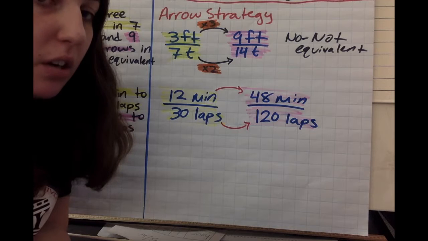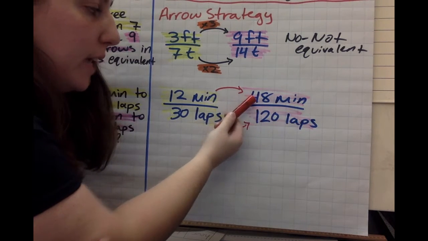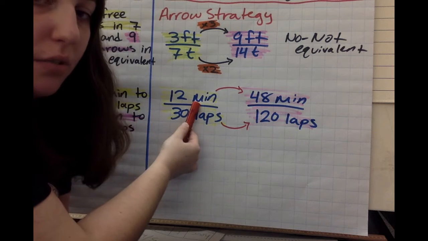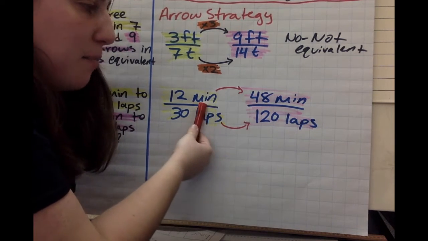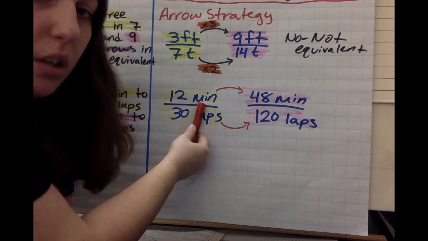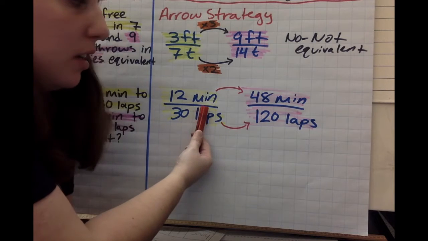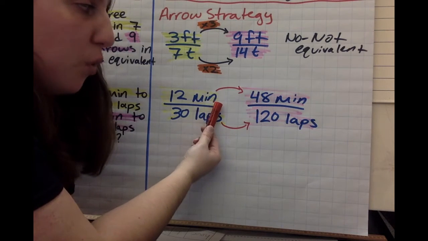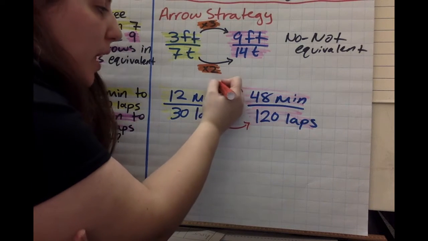In my calculator, I would go the reverse way and do 48 divided by 12. If you do 48 divided by 12, you will get 4. Then I can do 12 times 4 to get my answer.